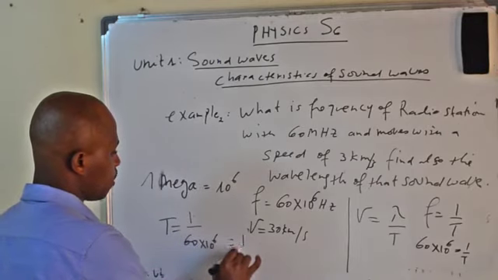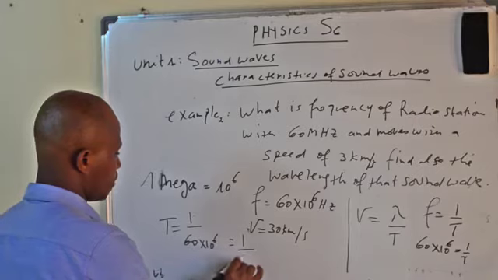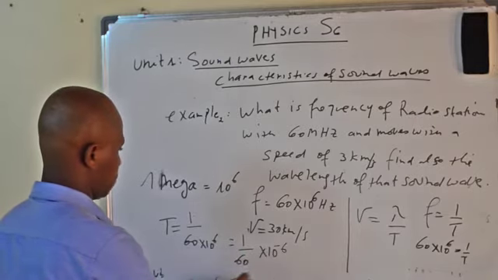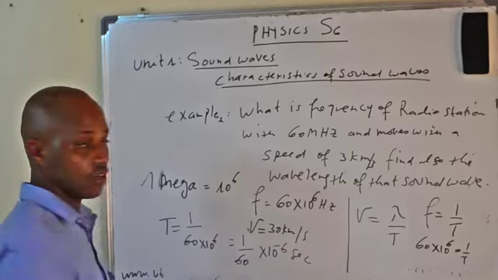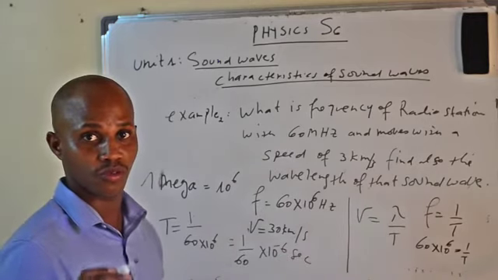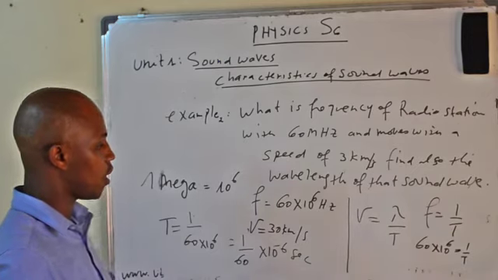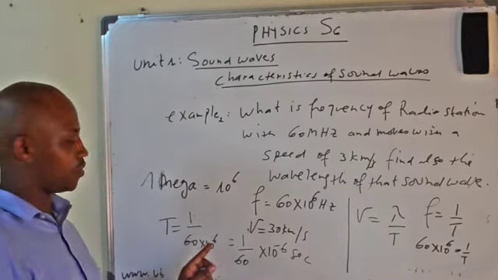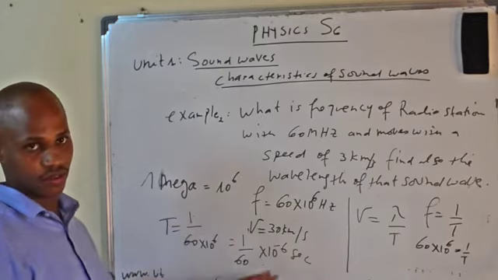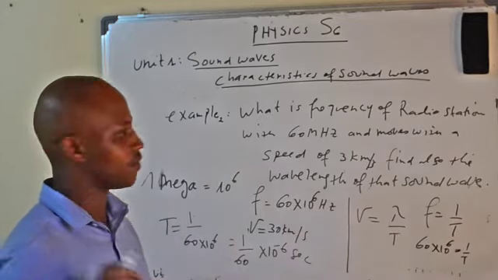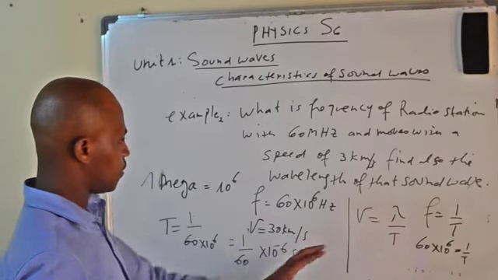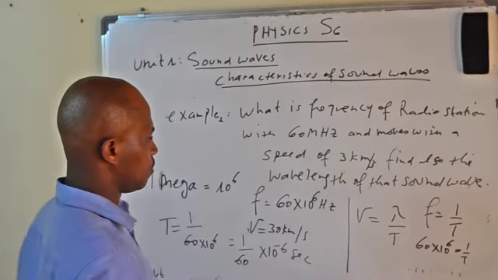This is equal to 1 over 60, then times 10 to the power negative 6 seconds. Remember, we are using the property of powers. That's the reason why 10 to the power 6 was here. When it moves up, it will become 10 to the power negative 6. Don't be confused.